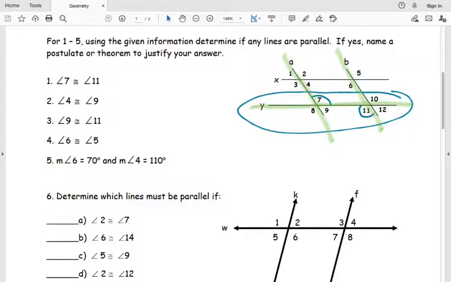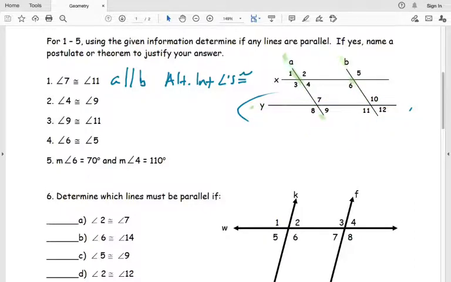So as long as we know alternate interior angles are congruent, we know lines A and B are going to be parallel to each other. So that's what I'm going to say here. I'm going to say A is parallel to B, and I'm using the fact that alternate interior angles are congruent. Okay, let's move on. Let me erase all that, sorry.